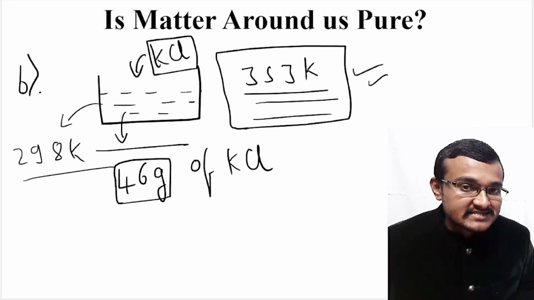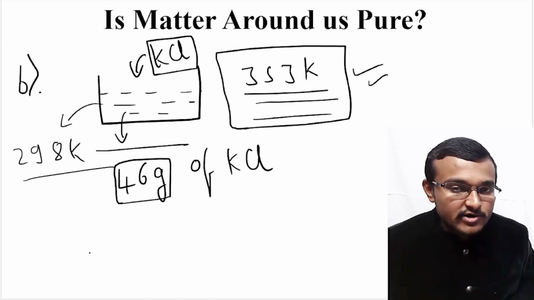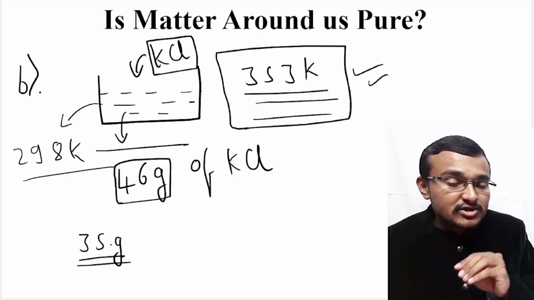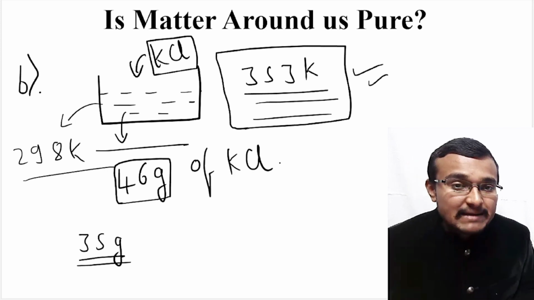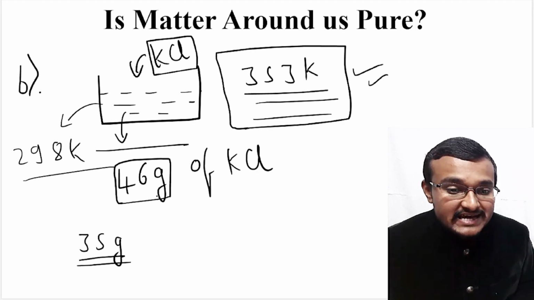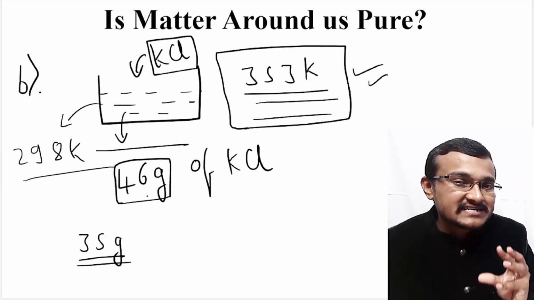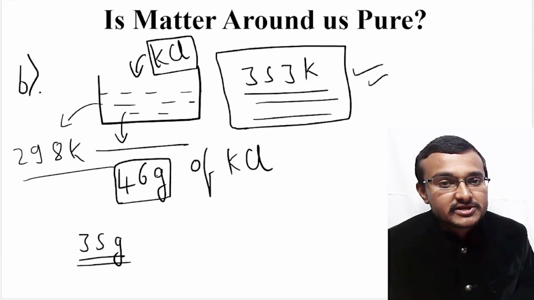But now the temperature has reduced. So at that temperature, the maximum KCl which can be dissolved in water will be somewhere around 35 gram. Because there is a reduction in the solubility of KCl in water when the temperature is reduced, an extra 11 gram of KCl will form a precipitate in that water.